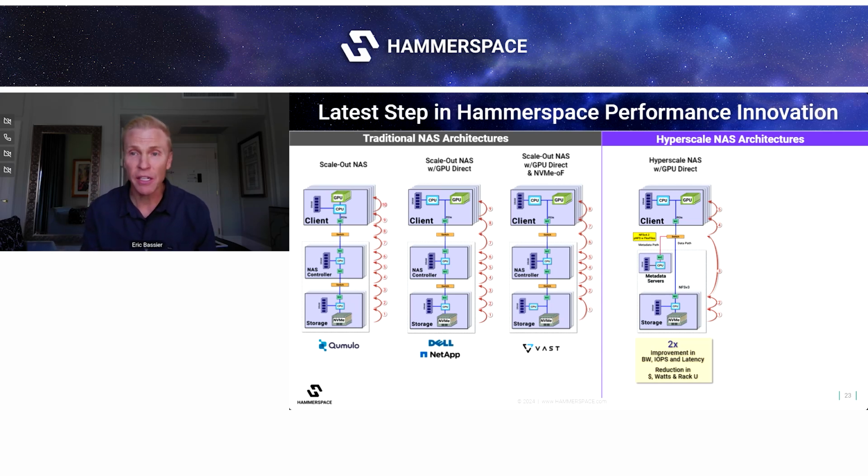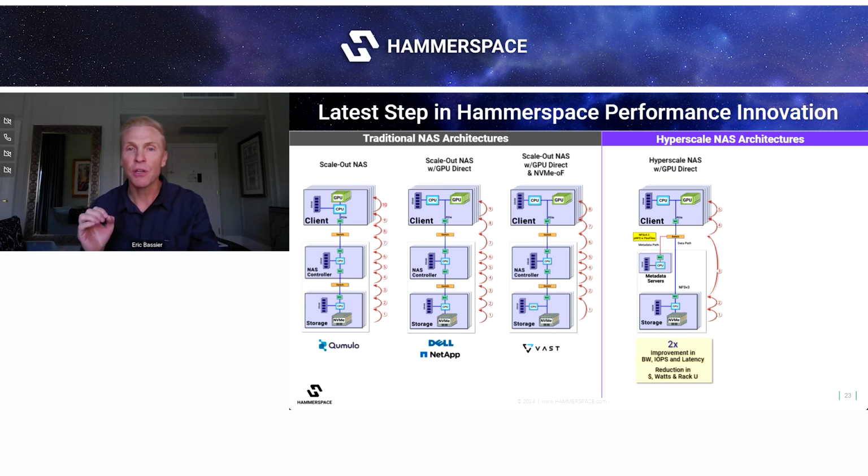Now you can see this cuts the number of network retransmissions in half. And hyperscale NAS improves performance by about a factor of 2x versus these scale-out NAS systems. And this is a big reason why Hammerspace is used in such large GPU computing environments today at places like Meta, Los Alamos National Labs, and many others.